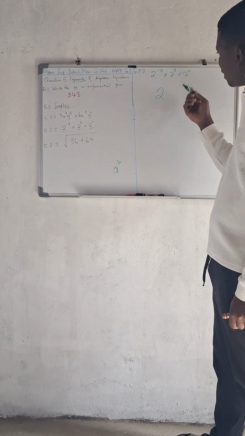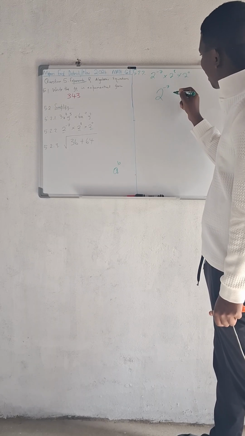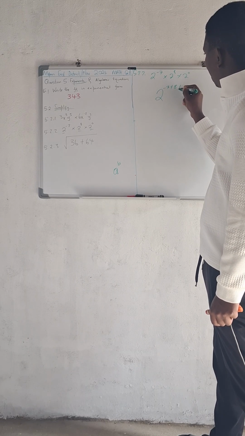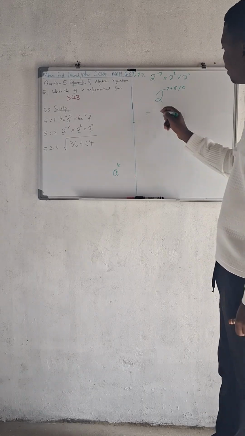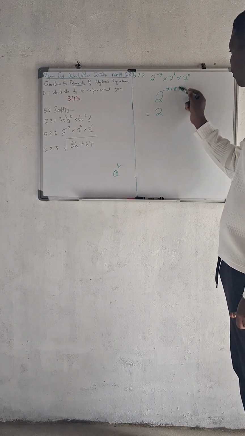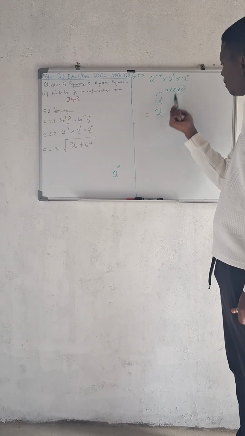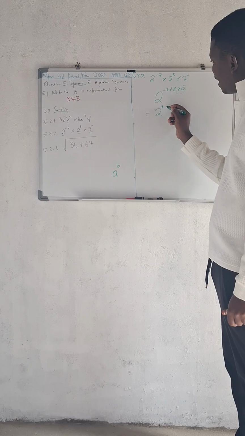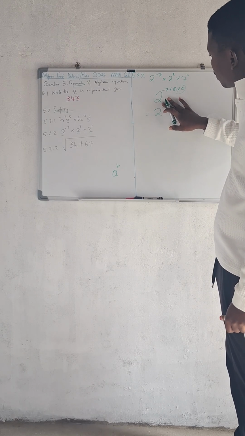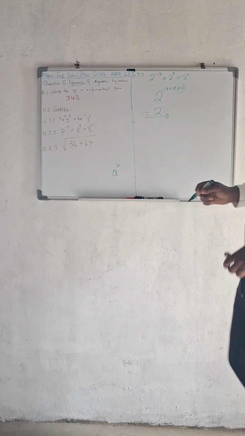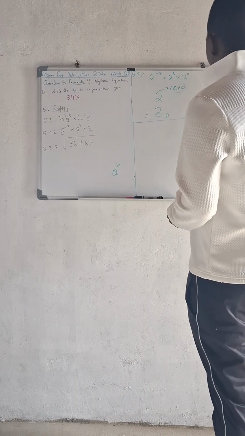Now what I need to do again is add exponents since I'm multiplying powers of the same base. Negative 7 plus 8 plus the 0. What is your answer here? Your answer is 2 to the exponent of, this is 0, I discard this. Negative plus a positive, you take the sign of the bigger number, then you subtract. 8 minus 7 is a 1. So our answer is 2. I hope you get all this, grade 8.